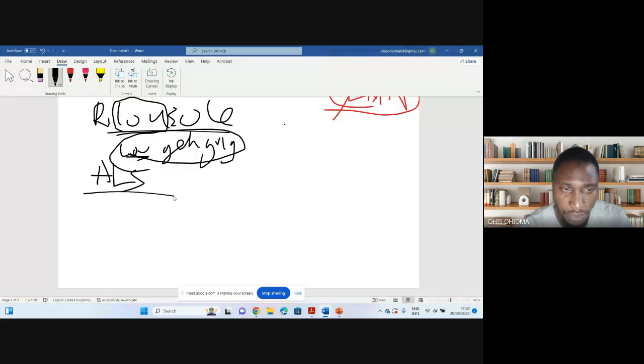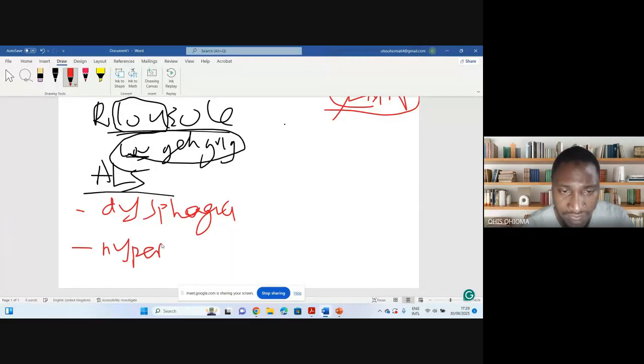ALS is that the patient will have maybe dysphagia. They have dysphagia, right? The patient will have hyperreflexia. In some questions, they might not tell you the patient has hyperreflexia.